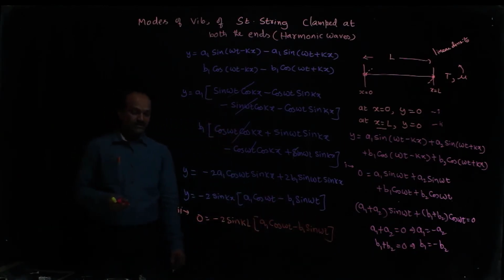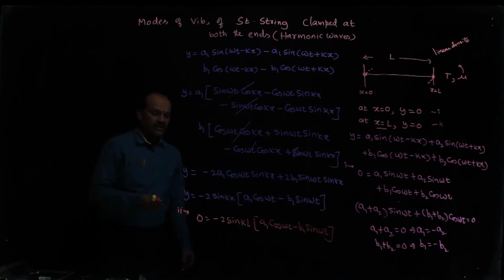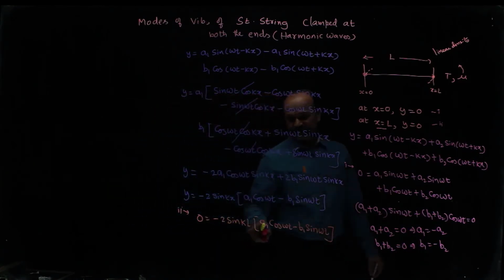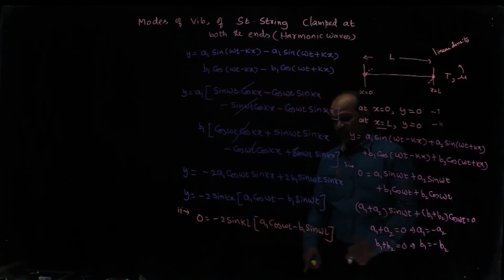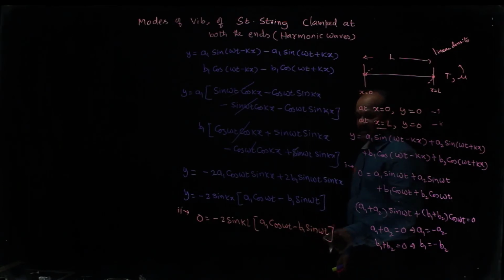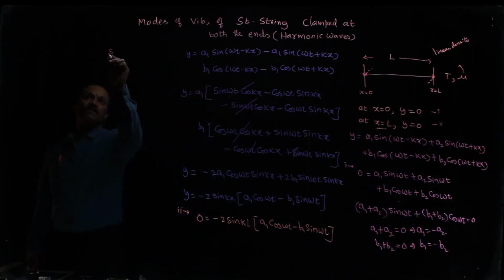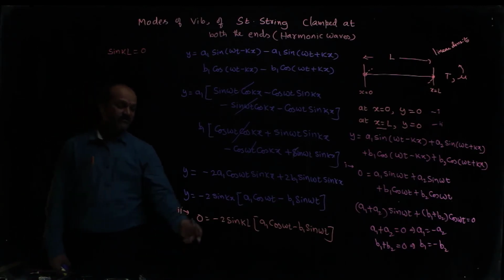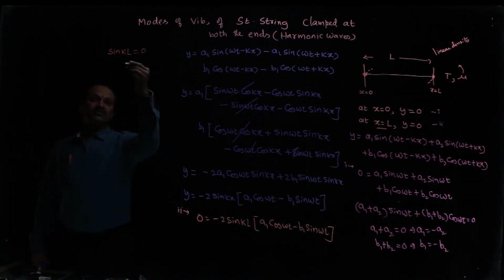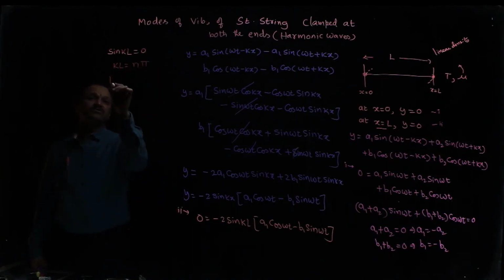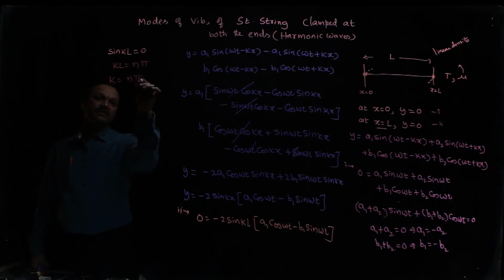See, in this equation, if you want to get 0 over here, this term will not become 0. a1 cos omega t minus b1 sin omega t cannot become 0. The only possibility is sin kL must be 0. Only this is the possibility to get 0. So for what angles of kL will it become 0? For values of n pi, sin kL will be 0. So here we got k equal to n pi by L.